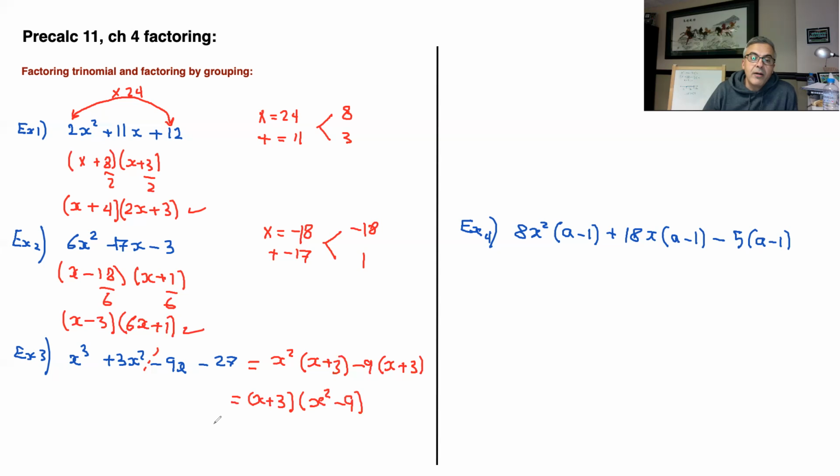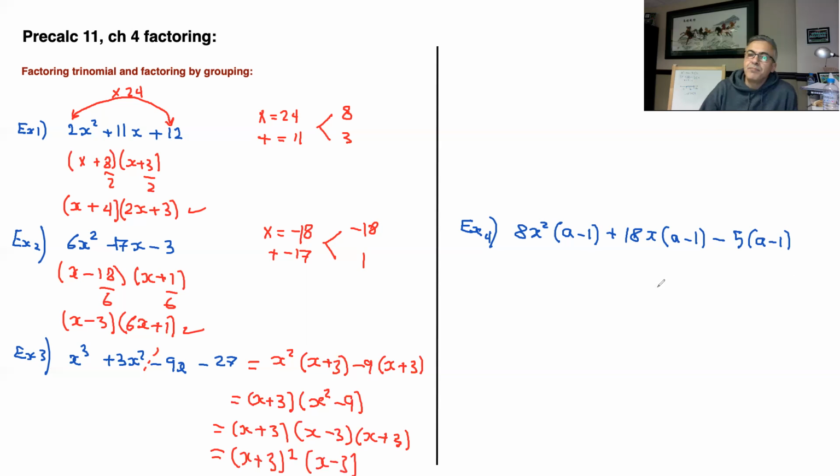It doesn't stop there. I thought it did, but I just saw something else in there. That's the difference of squares, so we have to continue and say this is x minus 3, x plus 3. Which if you want to rewrite, you could write it as x plus 3 squared and x minus 3.